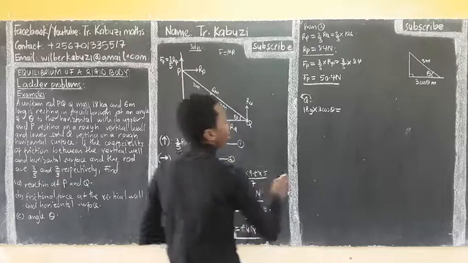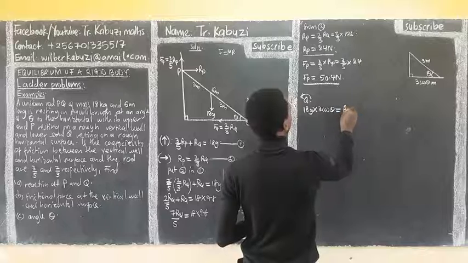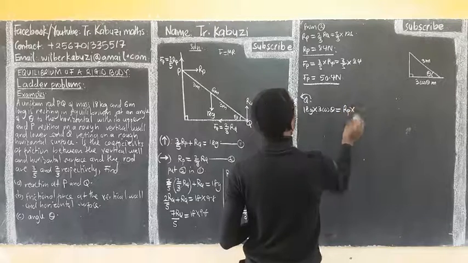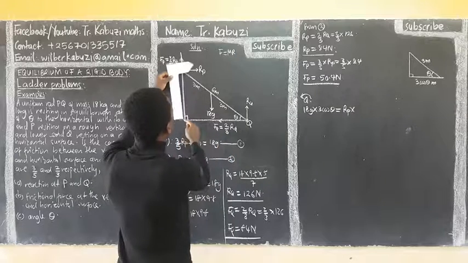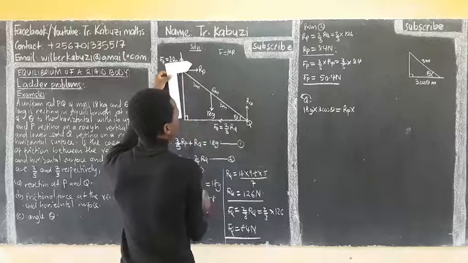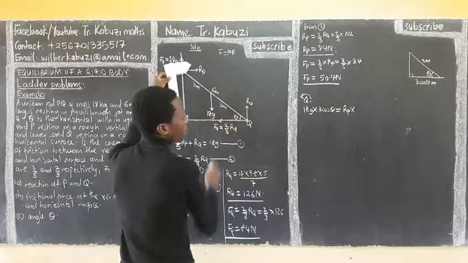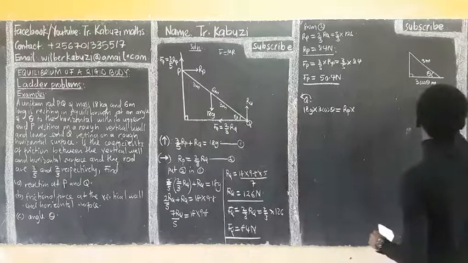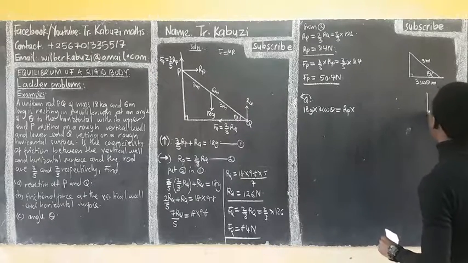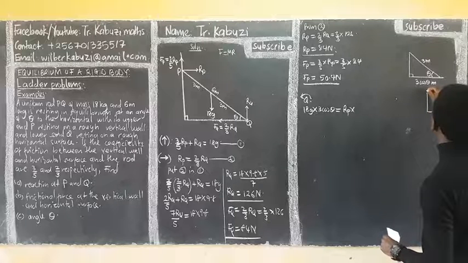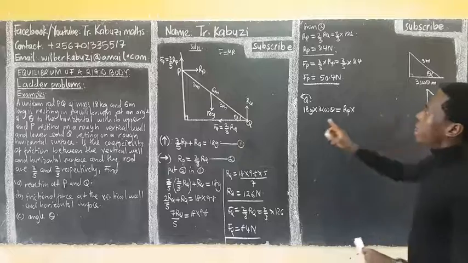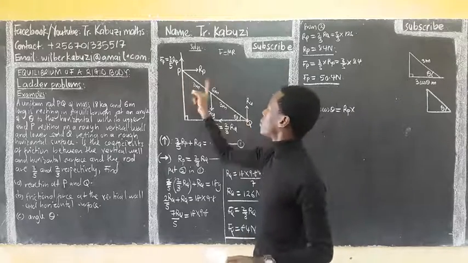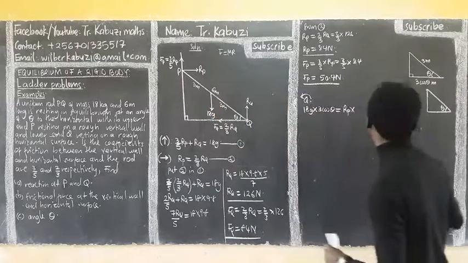So I have RP times, what is the perpendicular distance from here? The perpendicular distance is going to be from here up to here. But you see, if this is the theta, let me also put that so that people can see what we're talking about. So if this is theta, and now here, the R is coming up here, so the hypotenuse is going to be 6.